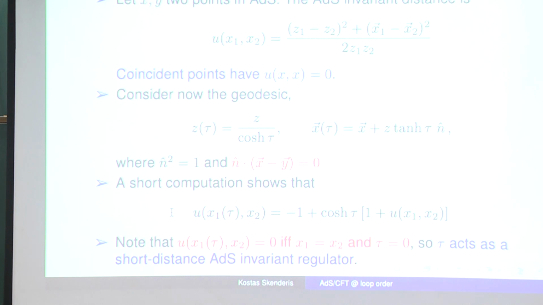And furthermore it has the property that this becomes 0 if and only if the 2 points are on top of each other and tau is equal to 0. So as long as I keep tau non-equal to 0, this distance never becomes equal to 0, which means I have cut off the short distance singularities in a way which is AdS invariant.